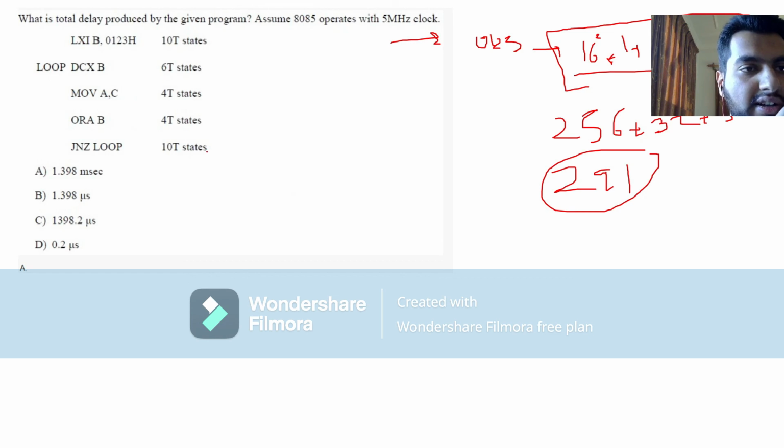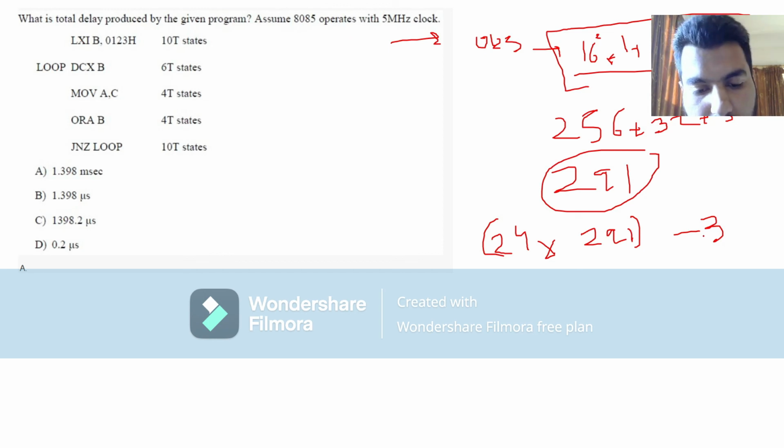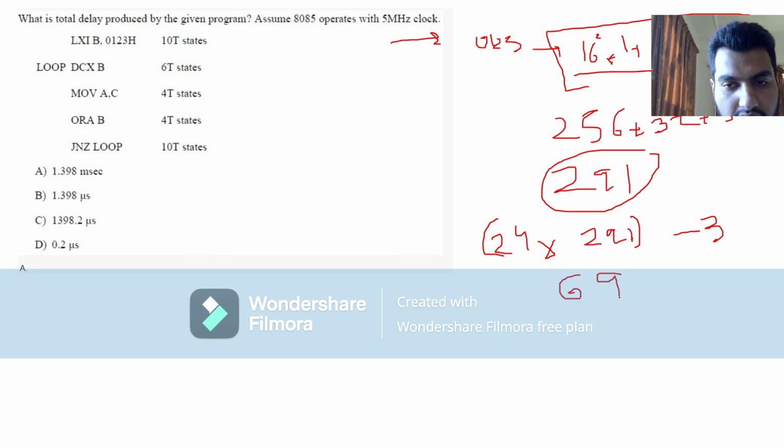So let's just add these things. 6 plus 4 is 10, 10 plus 4 is 14, 14 plus 10 is 24. So it will be 24 multiplied by 291 minus 3. So 291 multiplied by 24 minus 3. It's 6981, right? 6981 plus 10 is 6991.